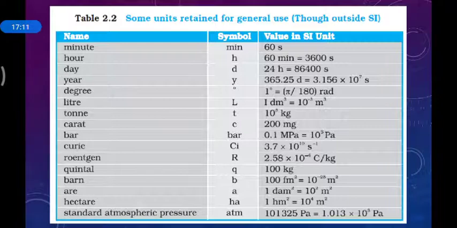Then ton, carat, bar, curie, and Rontgen, which is a unit for X-ray measurement and is a scientist's name. Quintal, which is 100 kg. Barn for radiation measurement. Are and hectare for land measurement. Standard atmospheric pressure for pressure measurement. These are the lists you can find in your NCERT textbook.